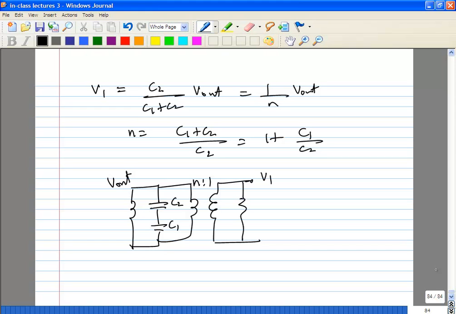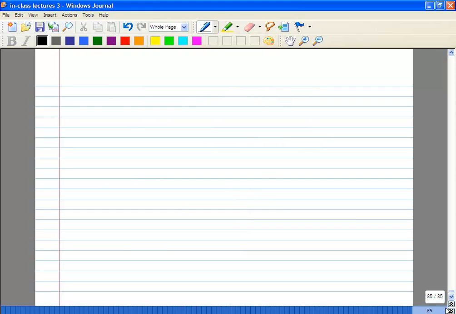And of course you have 1 over GM on the other side, where this is an ideal transformer.